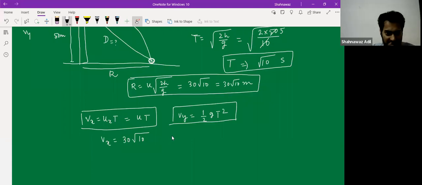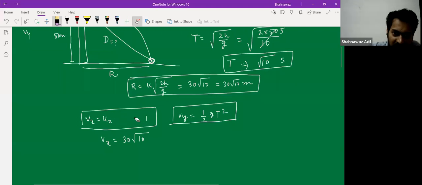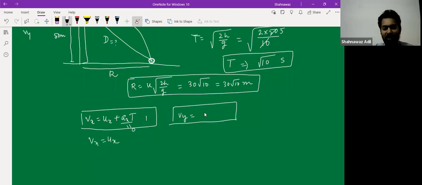So this is Vx. Okay, sorry, this will be, so this should be Ux plus Ax t, and Ax is 0. So Vx is Ux, right? And Vy is what?